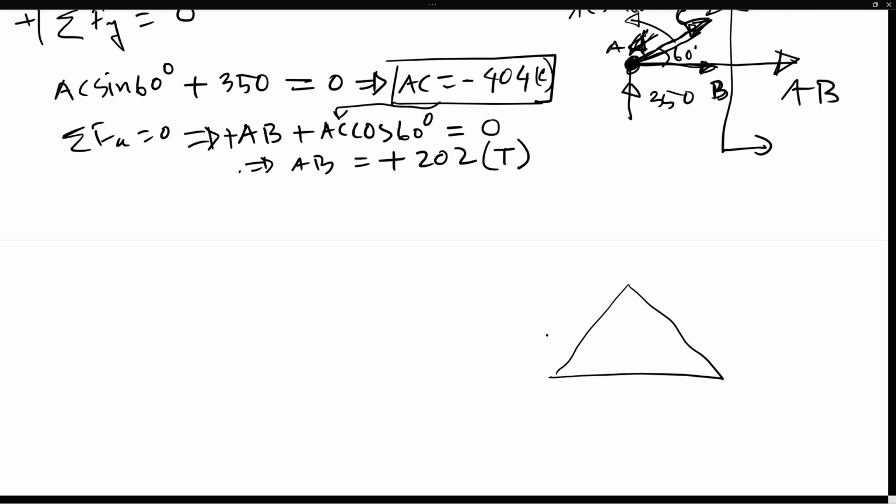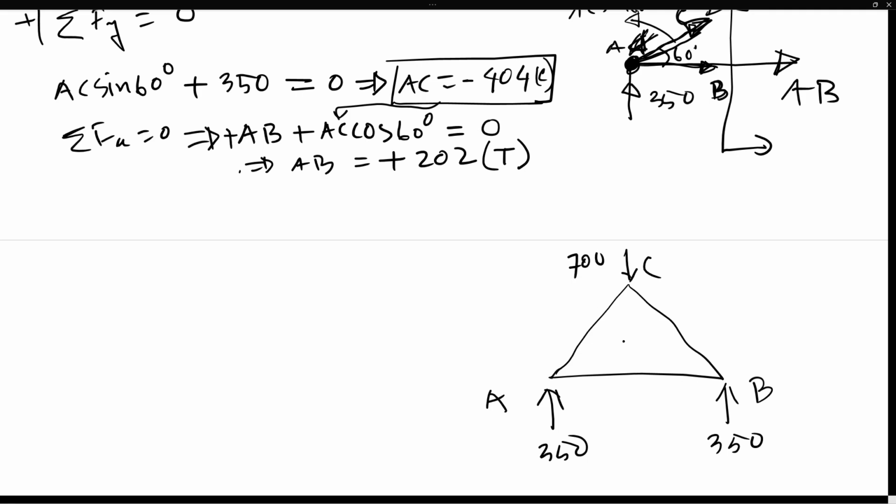So for this triangle A, C, B, here we got 350, and here we got 350. So that's 700 pound coming from the top.